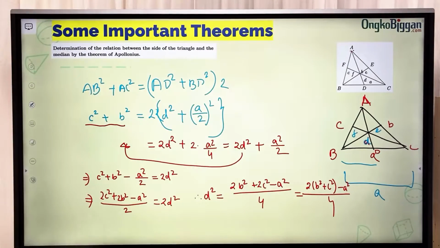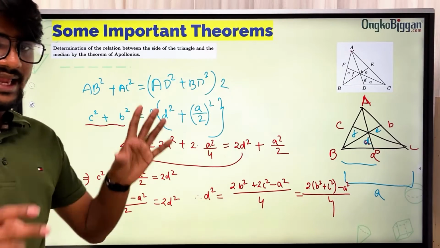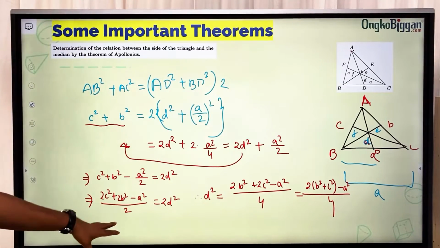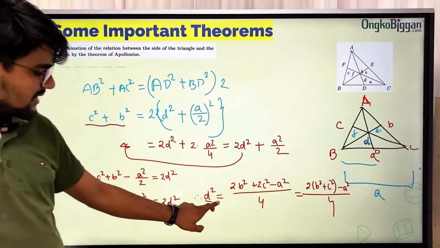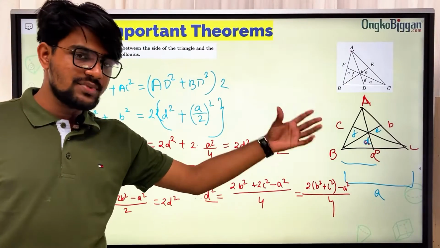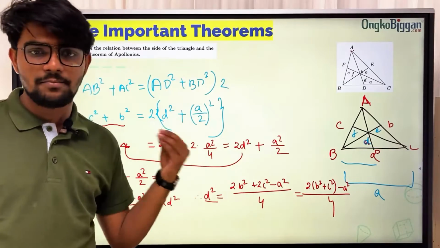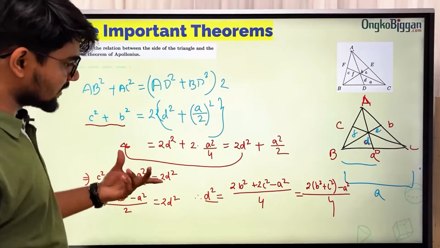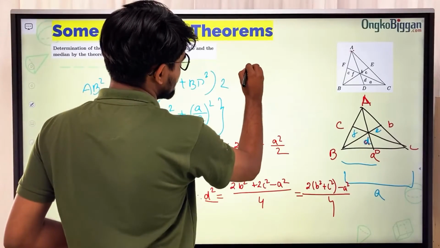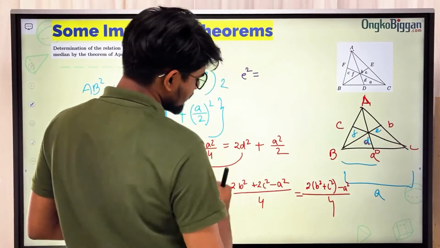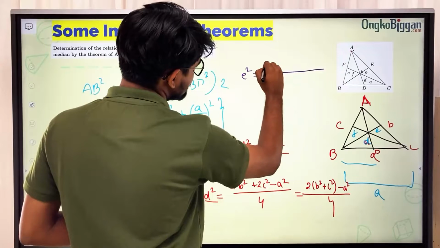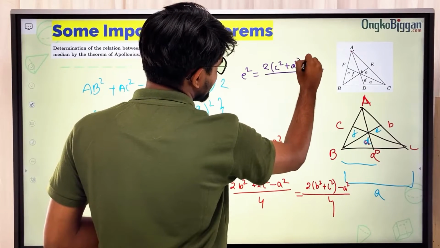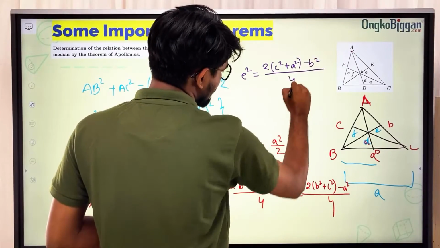Okay, so we've created a relationship between the sides of a triangle and the length of the median. So d is the median, and we got 2 into (b square plus c square) minus a square divided by 4. Similarly, if we want to find the other medians, e square will be 2 into (c square plus a square) minus b square divided by 4.